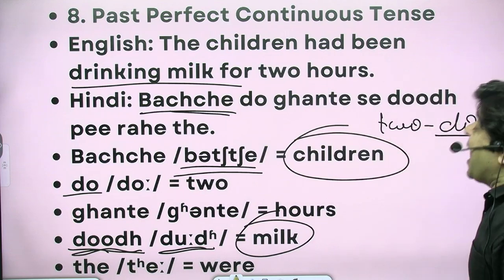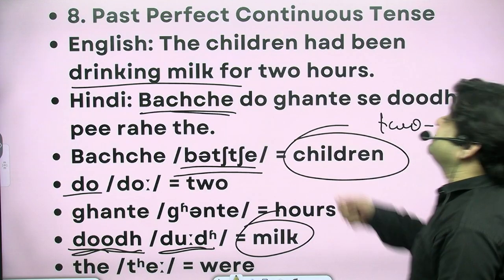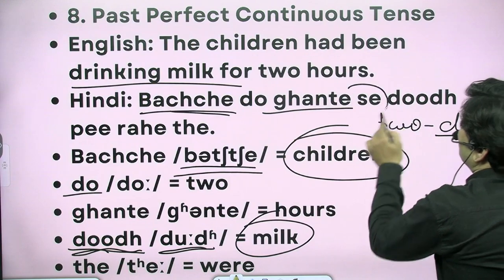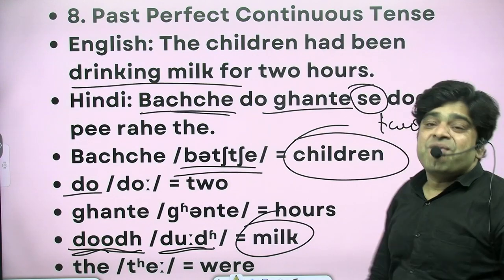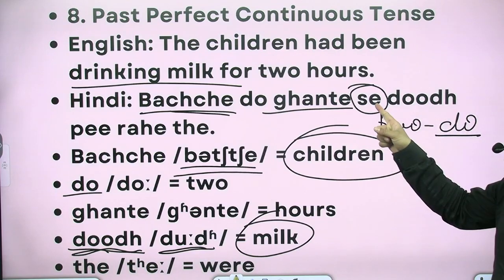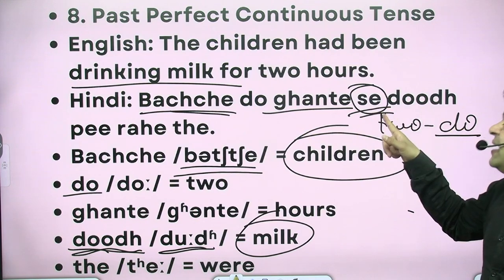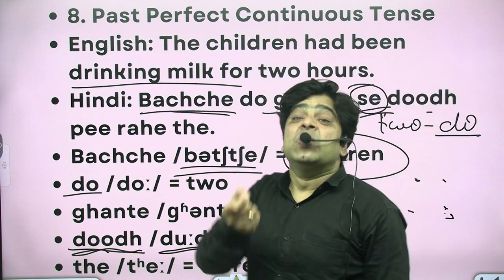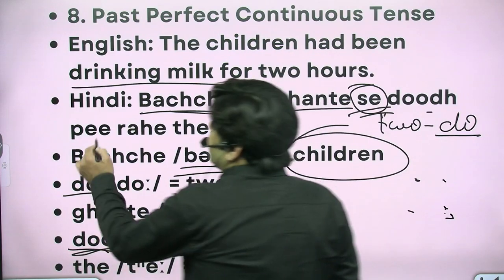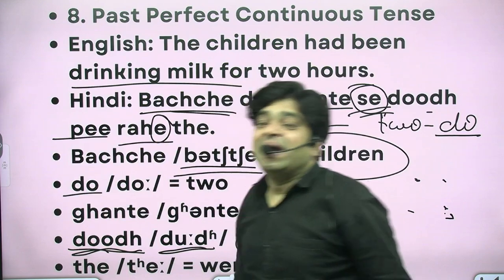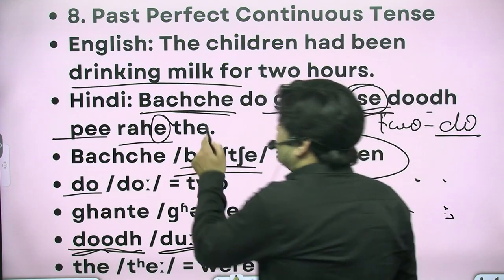And for hours we have used ghante, plural. So bacche do ghante se. What were they doing? Doodh, then pee rahe. It is plural. Rahe. For past, it will be the.